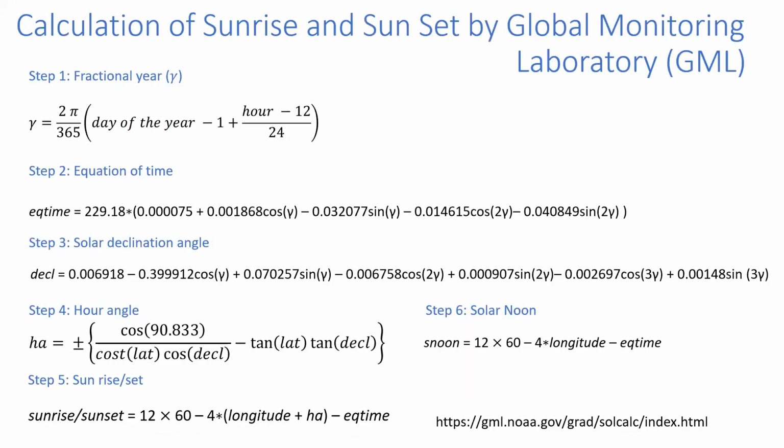Now coming to some boring thing, this is a simple calculation. I will not go into detail, but I'm just showing that using some very simple formulas, we can do all this calculation of sunrise, sunset, and the time of noon, given your location on Earth.